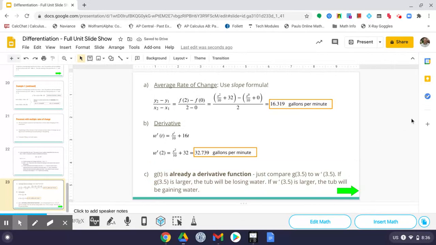So if g of t is already a derivative function, we're just going to compare g of 3.5 with w prime of 3.5. If g of 3.5 is larger, the tub is losing water. If w prime of 3.5 is larger, the tub will be gaining water. So let's check it out.